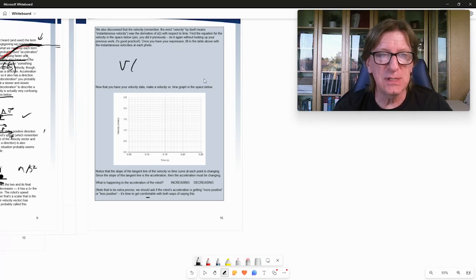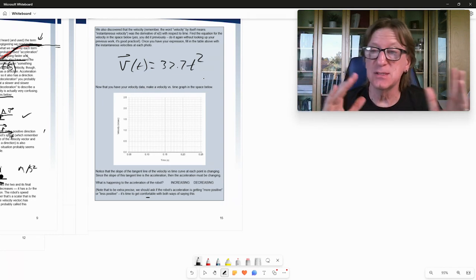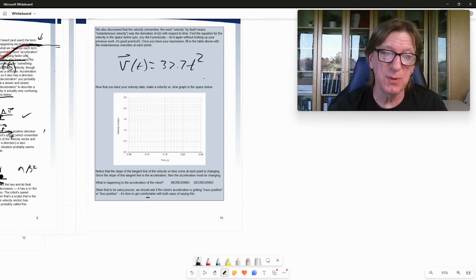Our v of t, and that's a vector, is equal to 32.7 t squared. So pause the video now and plot all of your velocities with respect to time, because what we've got here, if you take a look at the graph, is the velocity in meters per second plotted versus time. So let's do that. Pause the video, make it happen.